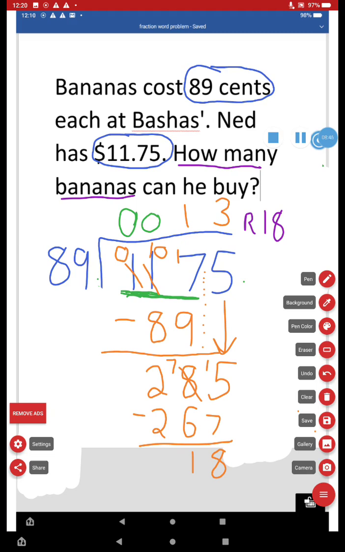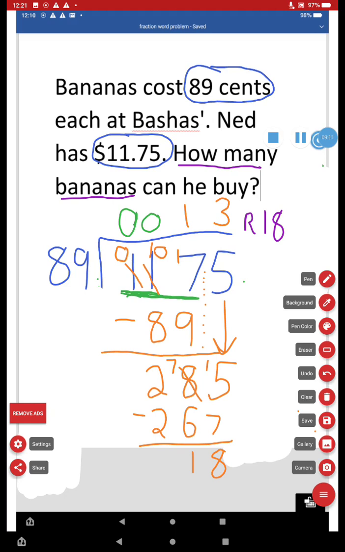Well, if I go to the Bash's, will they allow me to buy just a part of a banana? Will they cut a banana into 18 pieces for me and give me one of them? No, they won't do that. Instead, they'll let me buy 13 bananas and then give me the 18 cents in change.